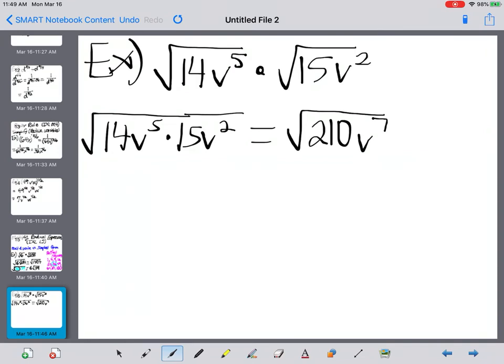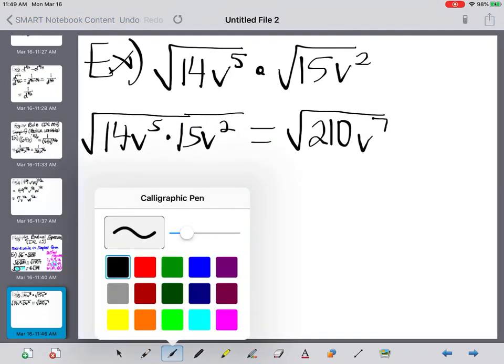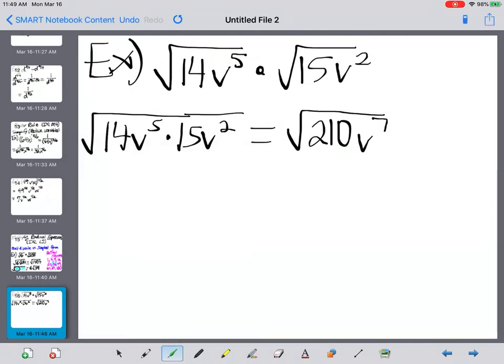So if I have the square root, I'm going to go ahead and leave the square root of 210 in there, but we're going to end up having to take out the v to the 7th. So basically, I'm going to simplify this.